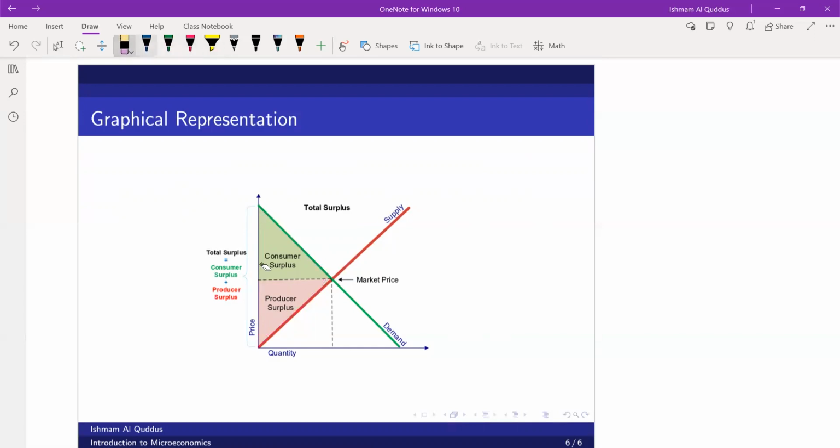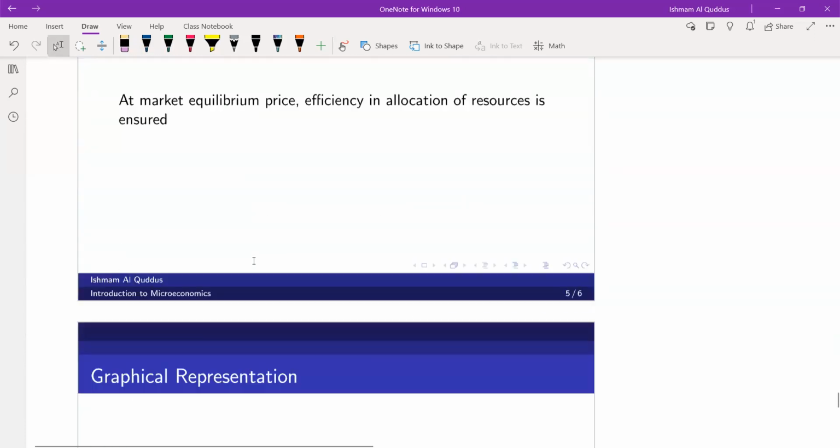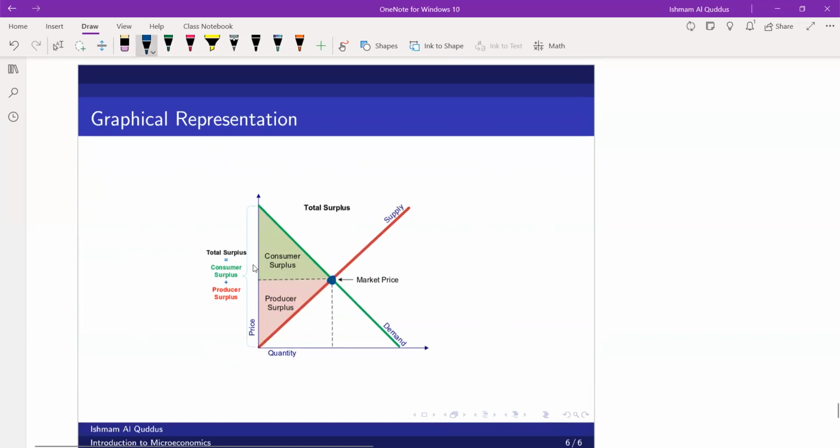Now comes the question: why did I say that the equilibrium point is the most efficient point? In other words, that all the resources are being utilized efficiently, and this also ensures the total economic welfare at this point. The reason for this is, if you move above the equilibrium price, here this is the equilibrium price, you see a problem of surplus.